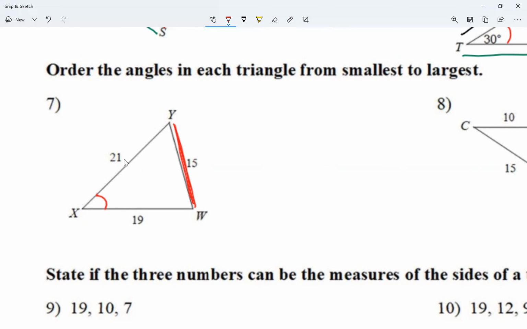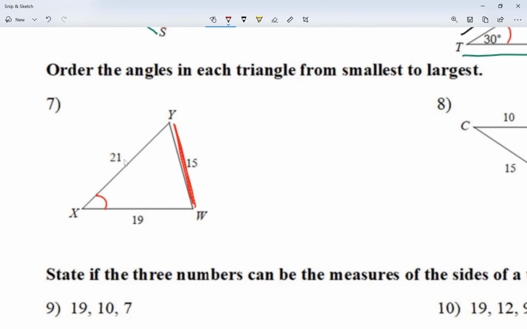Okay. Now, how do we write this? I remember that I told you guys that for sides, we only use 2 letters. Right? In number 5 and 6, we only use 2 letters. For angles, sometimes I use 1 letter, sometimes I use 3 letters. In my case, for question number 7, let me use 3 letters.